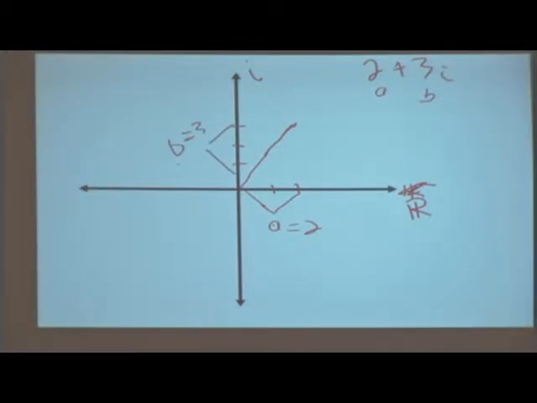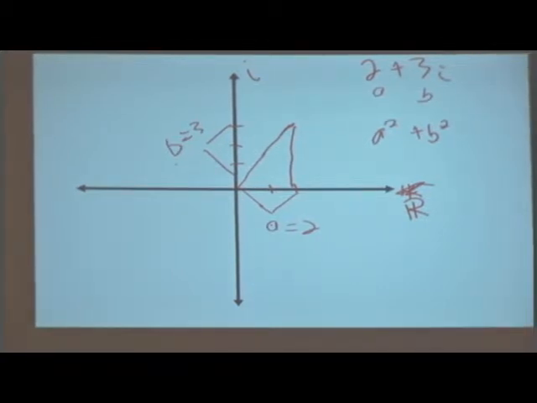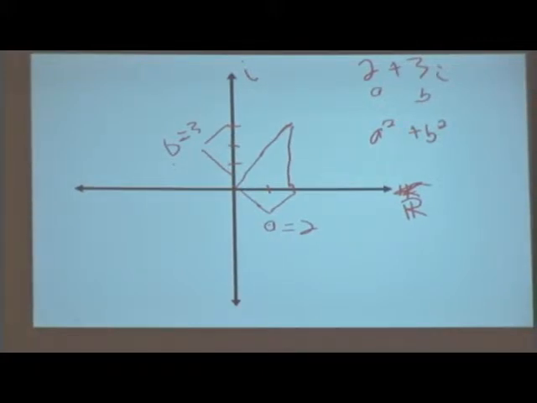So we can construct a triangle, and to calculate the hypotenuse, or norm squared, it's just a squared plus b squared. In this case that gives us 4 plus 9, which is 13. So the length of the side is the square root of 13, but it's easier to consider the norm squared, which in this case would be 13.